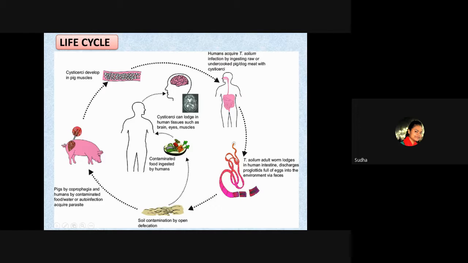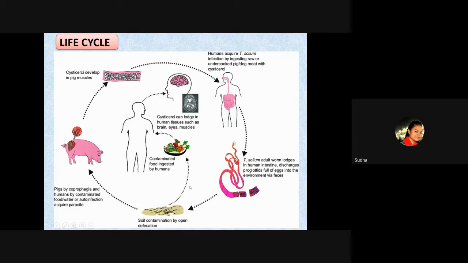As you know, there are some pigs, or maybe those who farm pigs and keep them in their farm, if they are not in proper hygienic condition, and these pigs are consuming the human feces, then what will happen? These feces will go into the pig's stomach, and then these eggs will reach the pig's stomach. So the pigs get contaminated in this way.